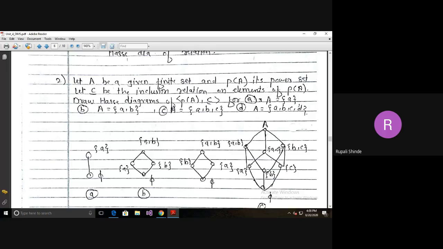Now next element is set A comma B. So here set A is a subset of set A comma B and set B is a subset of set A comma B. So again these two are connected by a direct line. So this is the Hasse diagram for the second set. इथेपर्यंत कळालंय का Hasse diagram कशी ड्रॉ केली?